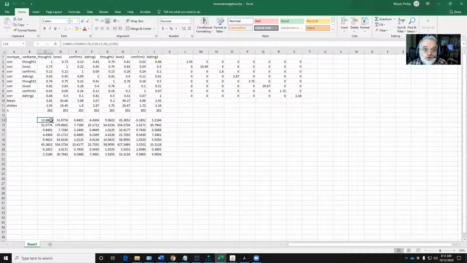And downstairs here, look up here at the code. I'm multiplying L2 to S9, from here to here, by the correlation matrix, C2 to J9, and then I'm multiplying that again by the diagonal matrix of the standard deviations, and that gives me the variances and covariances.